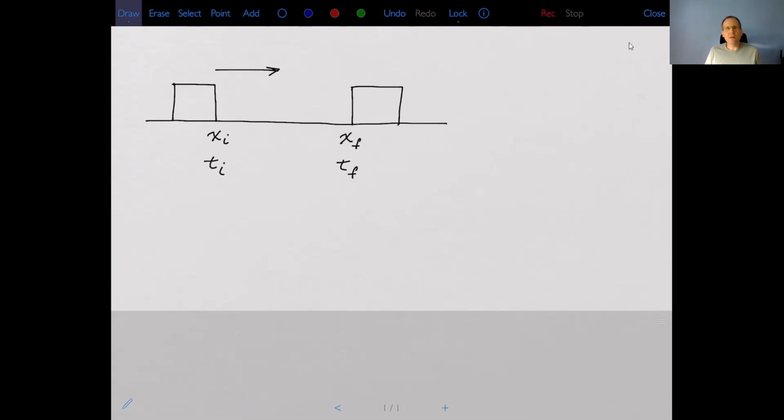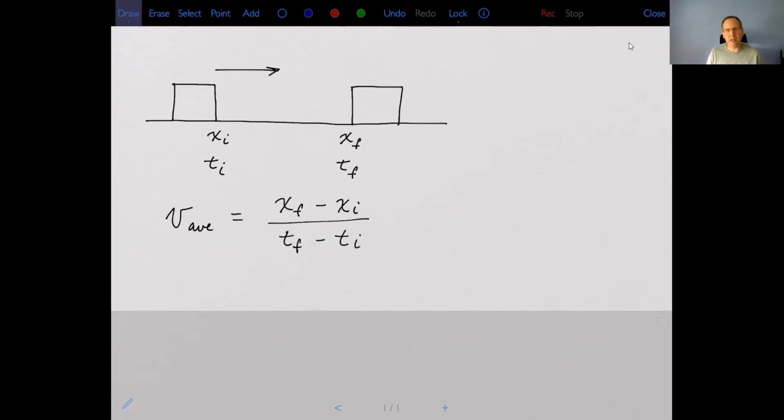So we want to calculate what the average velocity is when the cart undergoes that change of position. By definition, the average velocity, I'll call it v_av, is equal to the final position minus the initial position divided by the final time minus the initial time.